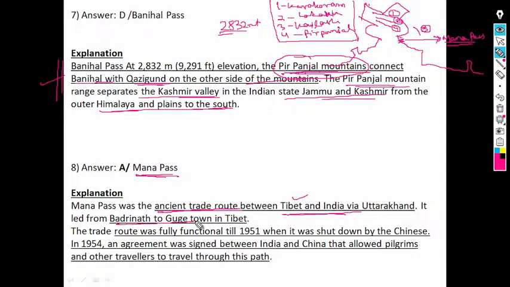It led from Badrinath to Gartok town in Tibet. The trade route was fully functional till 1951, when it was shut down by the Chinese. In 1954, an agreement was signed between India and China that allowed the pilgrims and other travelers to travel through this path, particularly Manna Pass.